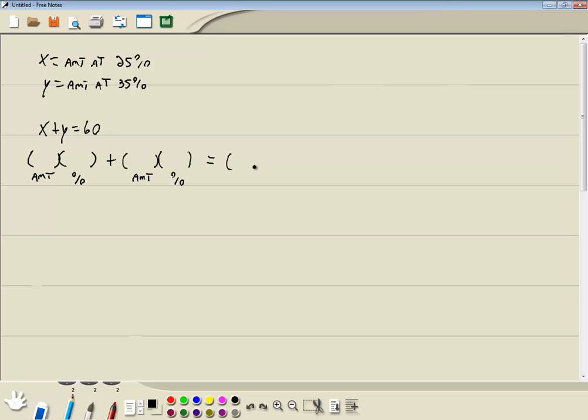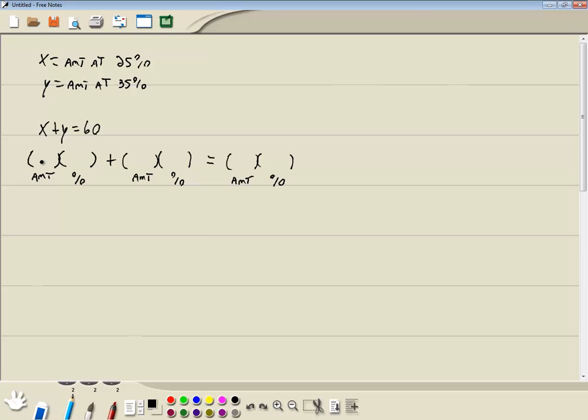And over here, this varies on this side, but in general, we want our amount times our percent. Sometimes the mixture, especially in coins, like if you've got pennies and nickels, they won't give you this in this format, but they'll just give you the grand total of the amount times the percent. So we have our 25%.